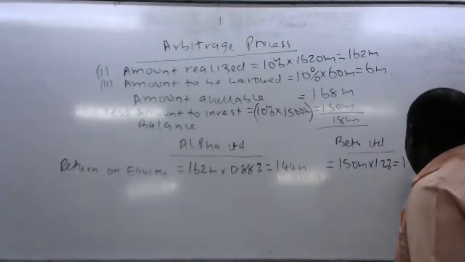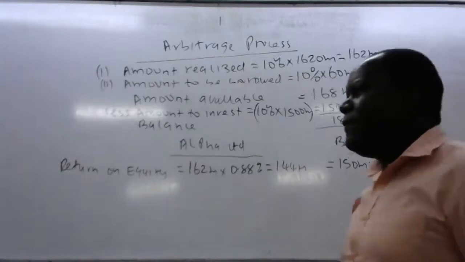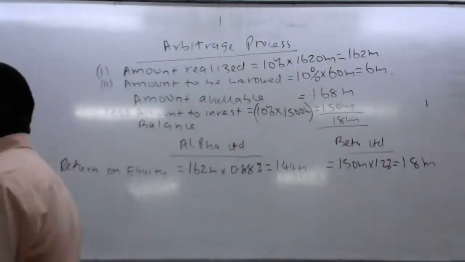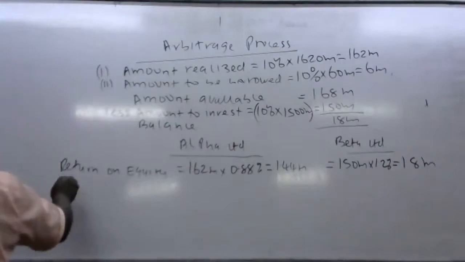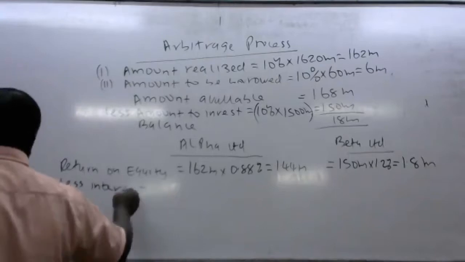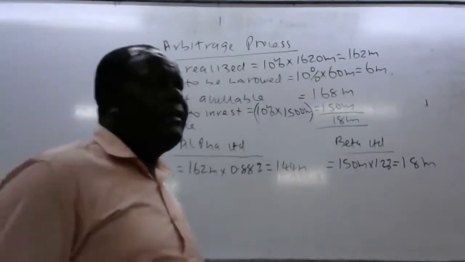It will be 1.8 millions. Then now after that, because there was borrowing somewhere, with interest. When you borrow, you must pay interest. Interest will reduce your returns. Interest is meant to reduce our returns.